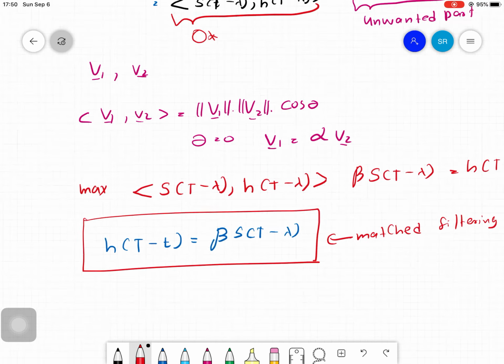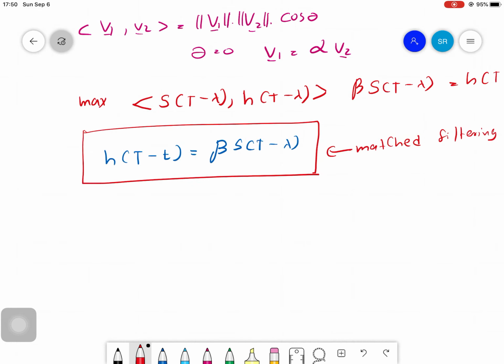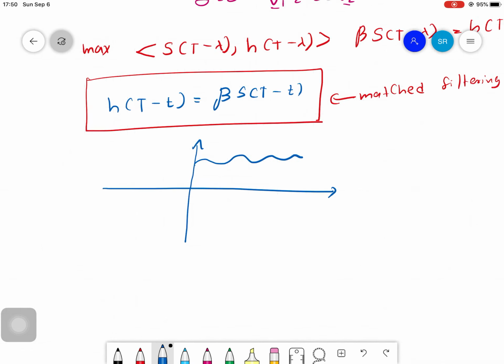The other thing is this. It is very nice. The T included here is actually not lambda, this is T. If we plot this, if this is my s(t), I can plot my s(T minus t) like this.